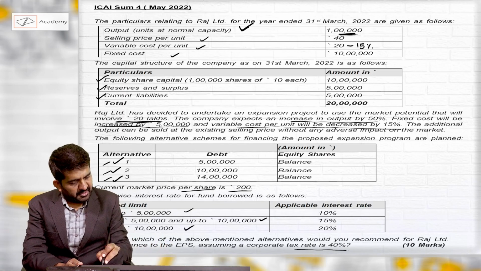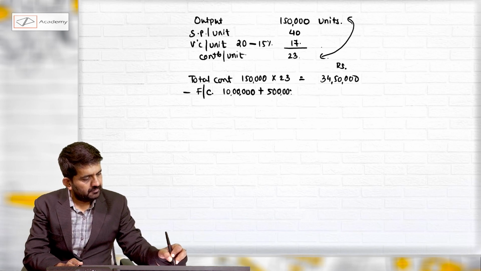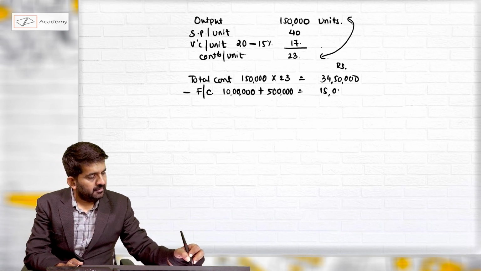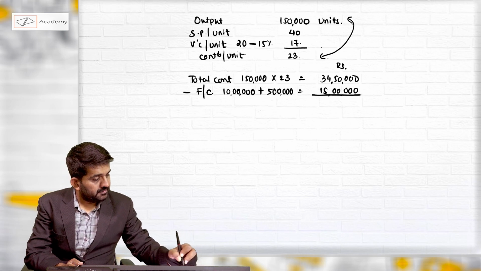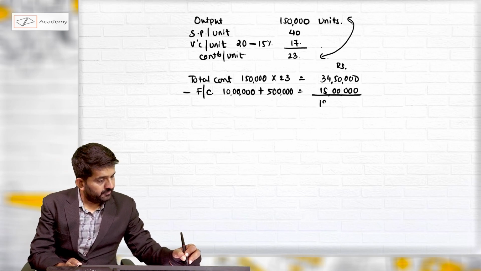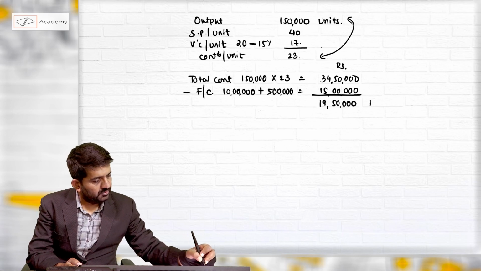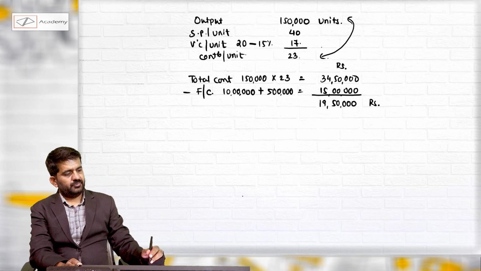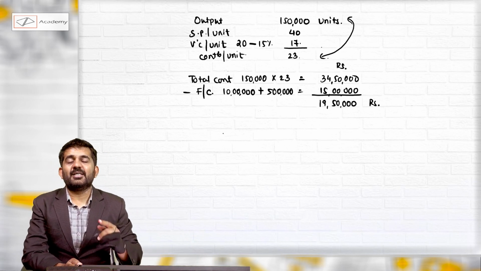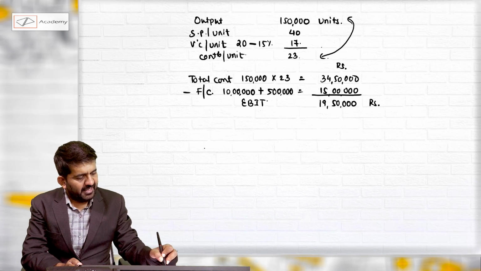Which will increase by more 5 lakhs. Total will be 15 lakhs. This will be 19 lakh 50,000 rupees. This is nothing but my operating profit or EBIT.